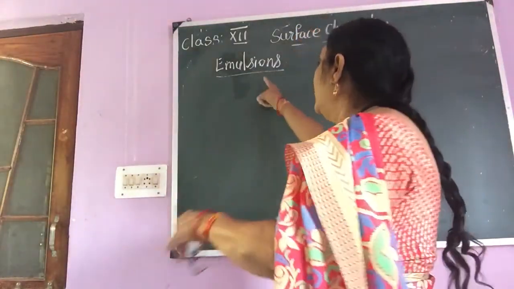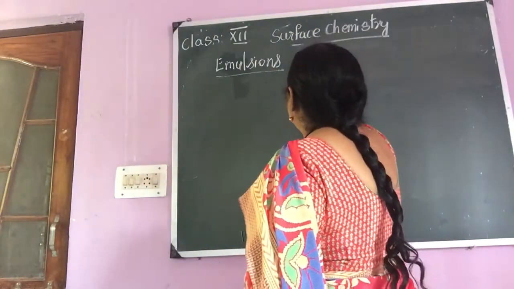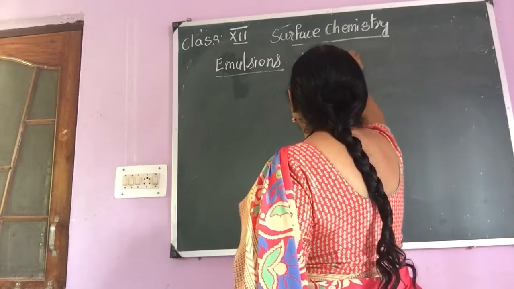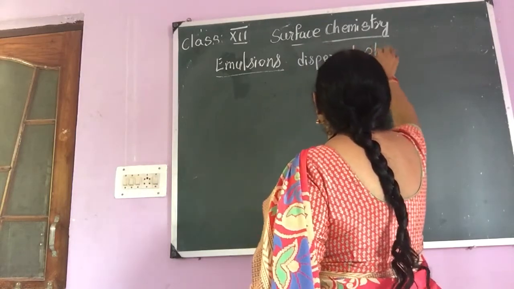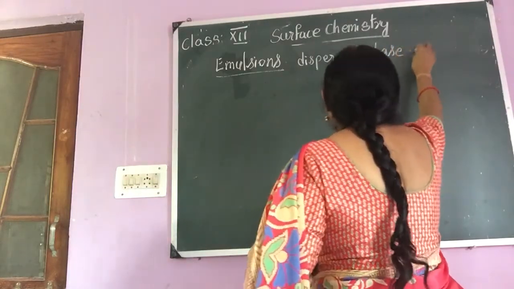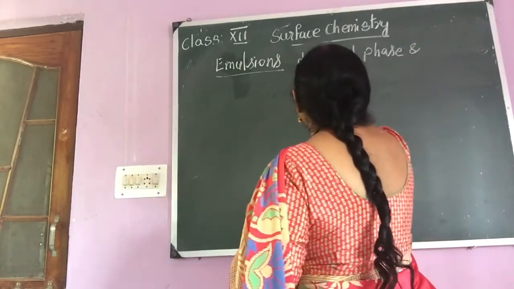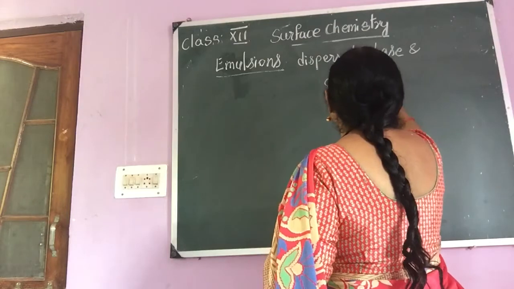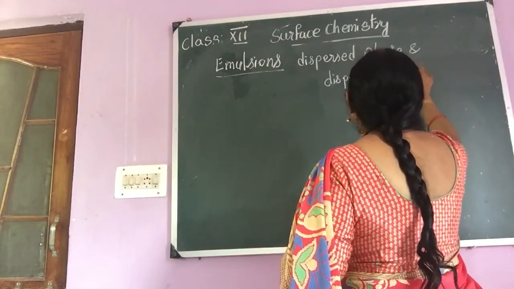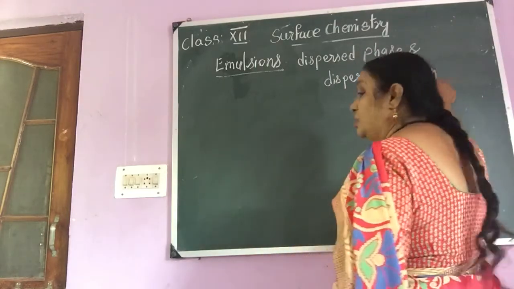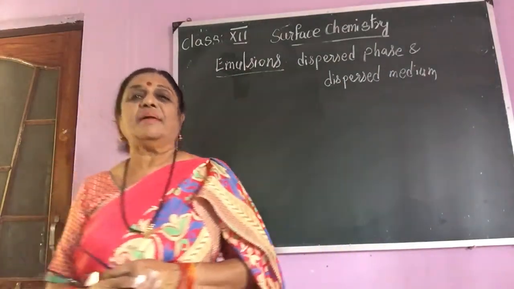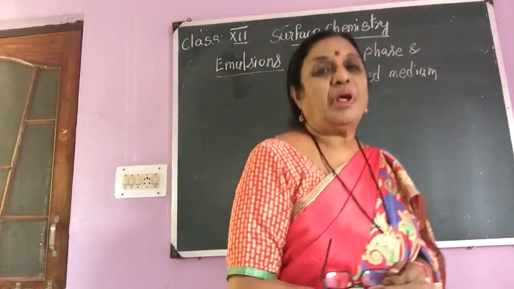Emulsions are colloidal solutions in which both the dispersed phase and the dispersion medium are liquid components. Butter is an example. Milk is an example of emulsion.